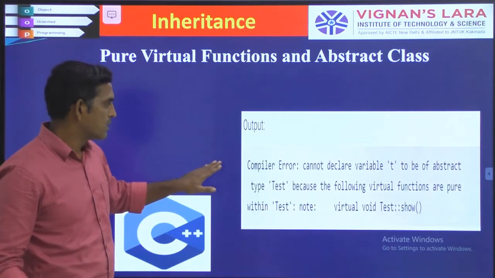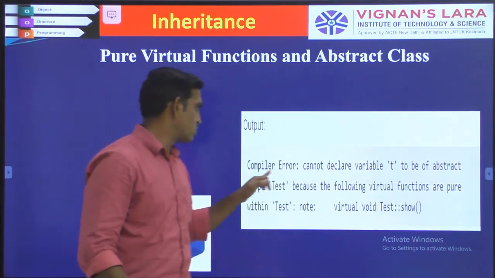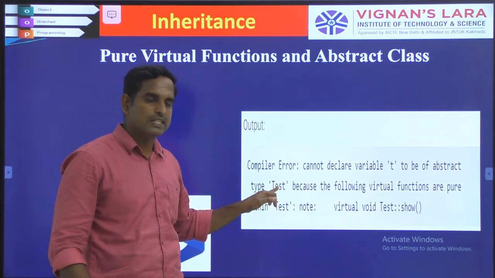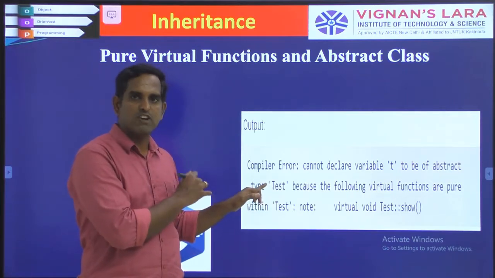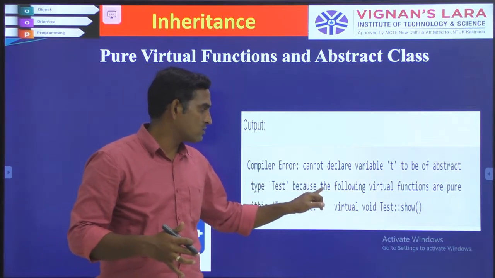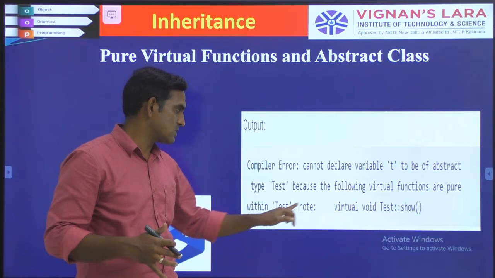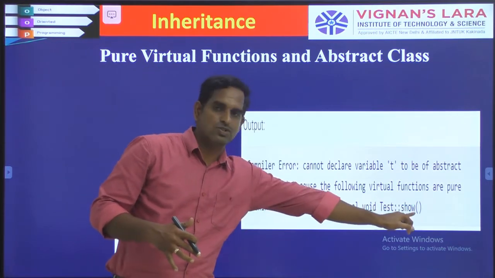Compiler error: cannot declare variable t to be of abstract type test, that is, t is of abstract type. Why? Because that is an abstract class, so it will be an abstract type, because the following virtual functions are pure within test: virtual void show.